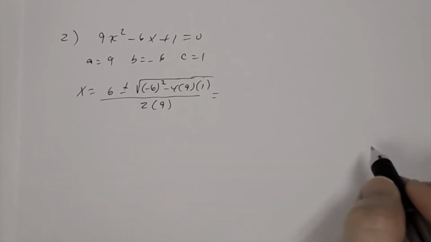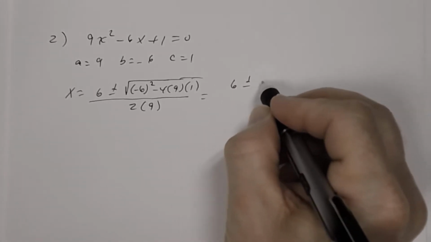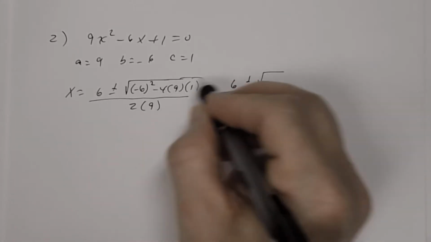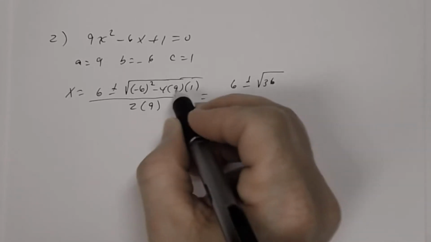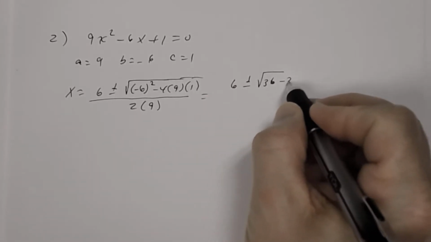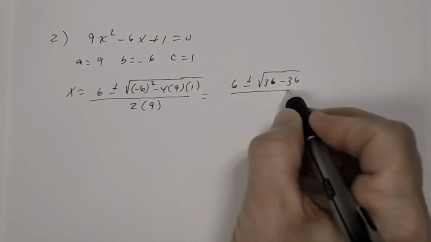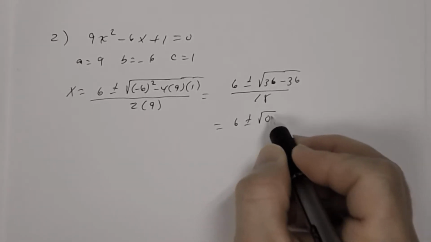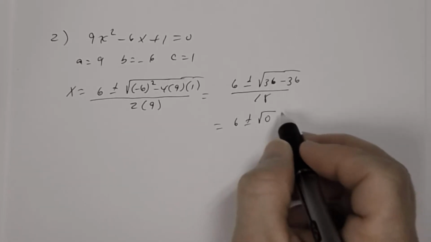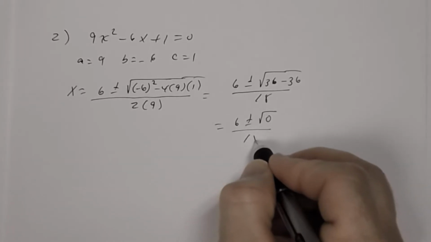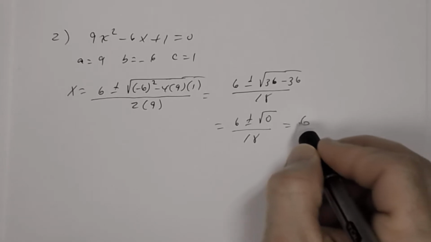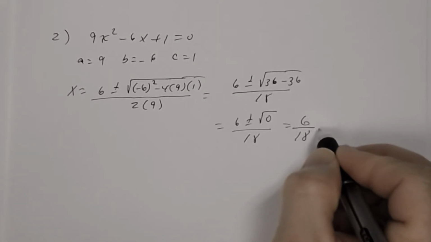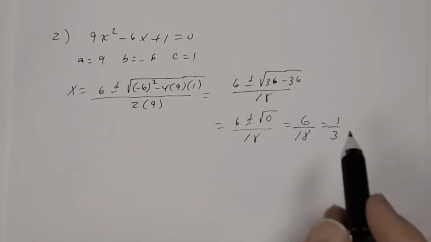So that becomes 6 plus or minus the square root of 36 minus 36, divided by 18. So I get 6 plus or minus the square root of 0. Now remember, the square root of 0 is 0. So this becomes 6 divided by 18, which is 1/3. So the point's this.